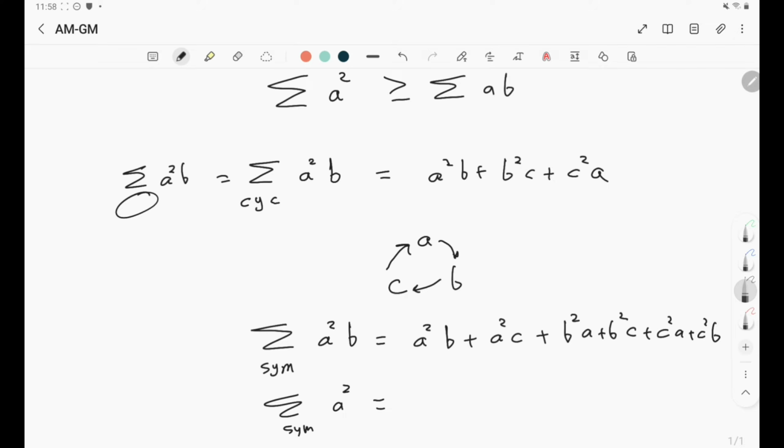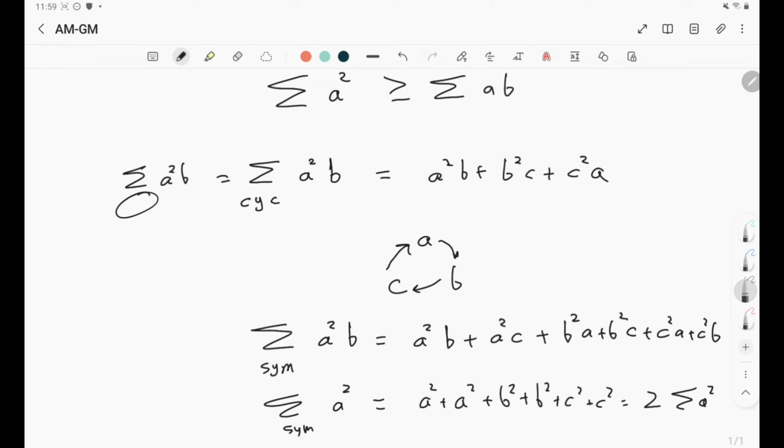So actually, whenever you have a symmetric sum, then it must consist of 6 terms. So in fact, sigma symmetric a square is a square plus a square plus b square plus b square plus c square plus c square, which is simply actually 2 sigma a square, right?